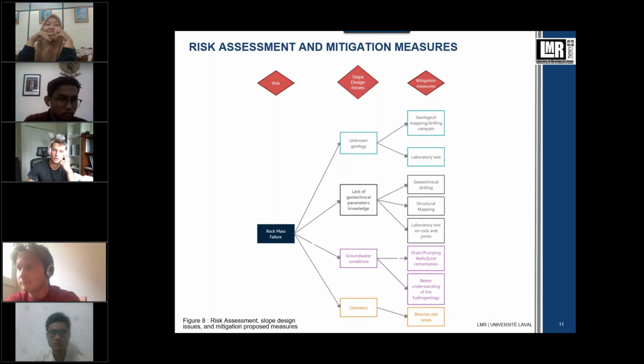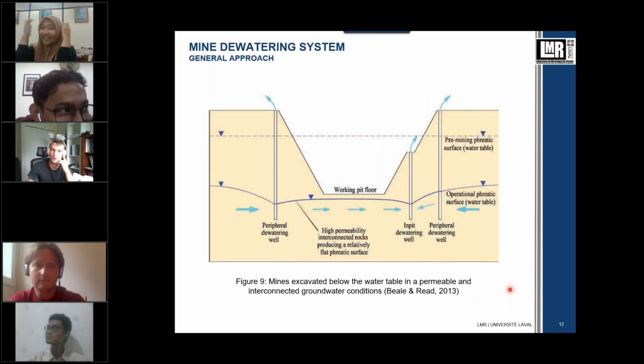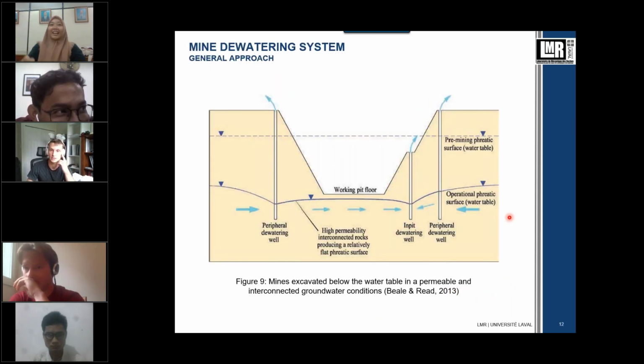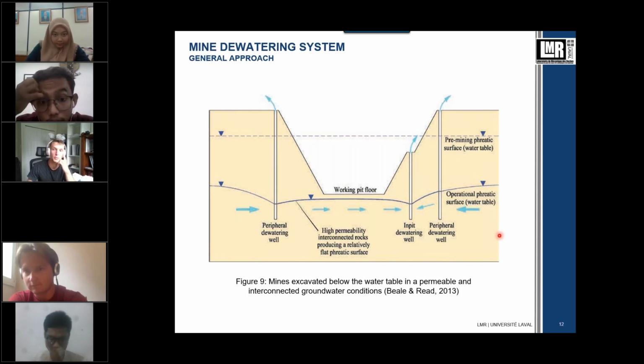The main issue and the principal instability factor identified by the team is the groundwater condition. So a better understanding of the hydrogeology could improve the slope design. By implementing dewatering techniques like you can see on this figure, the water table could be lowered below the pit floor, which could lead to an increase of the slope stability, the optimal mining depth, and the overall slope angle for the same economic criteria.